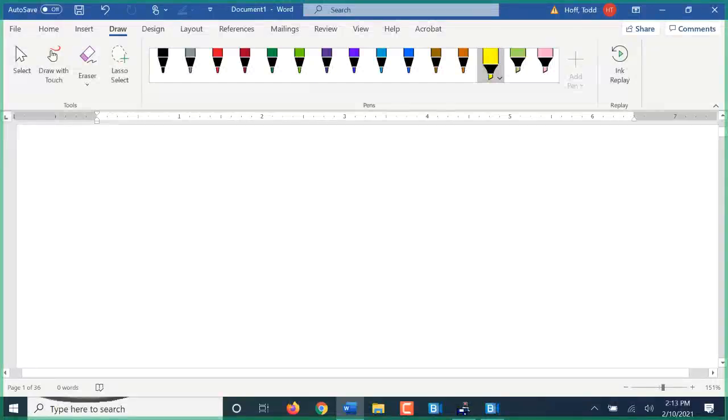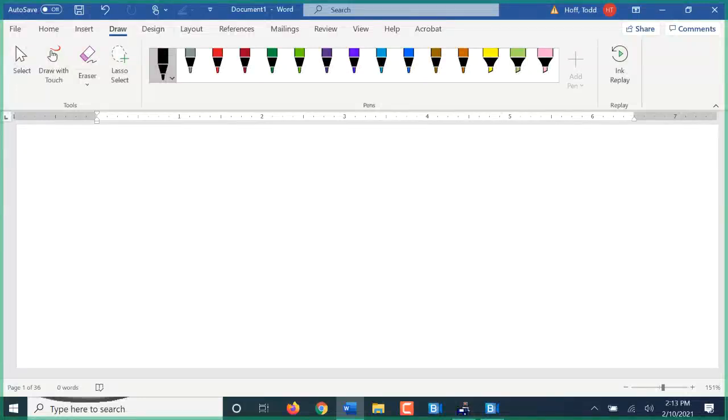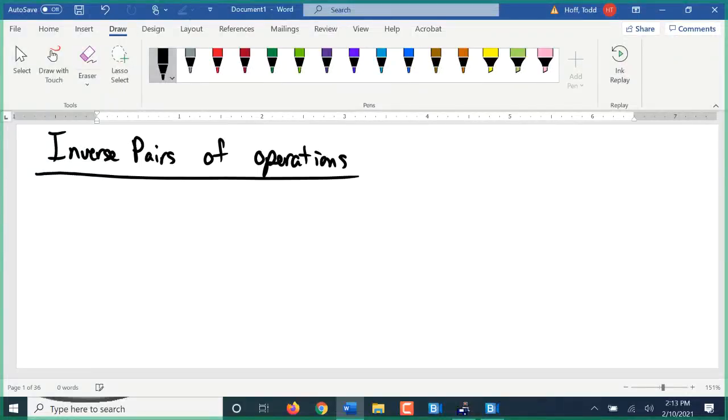Okay, so next, the last topic we have here is our last set of inverse pairs. In math, all operations come in pairs, and they're called inverse pairs. We have addition and subtraction. Add and subtract.